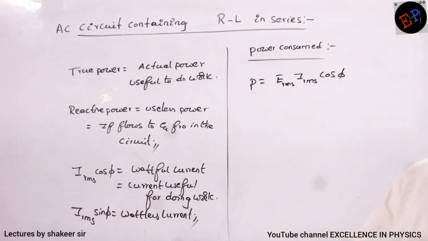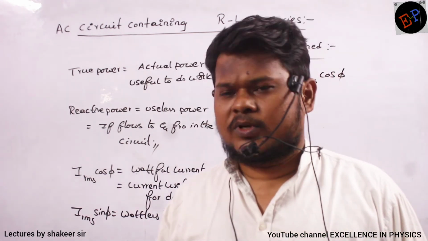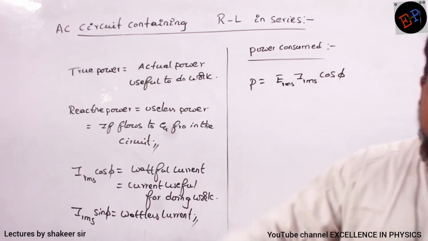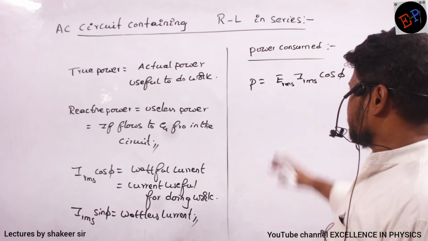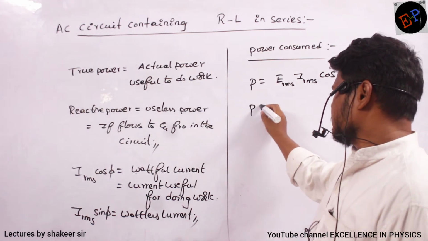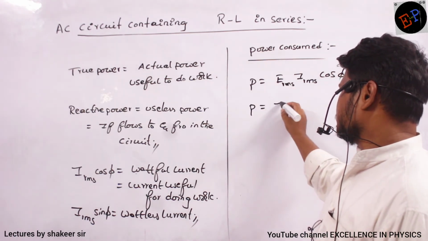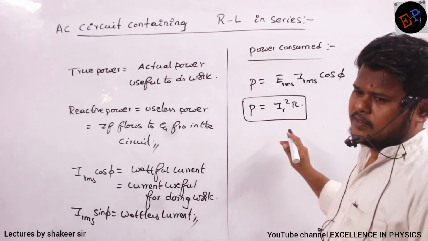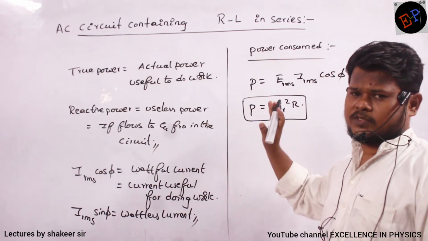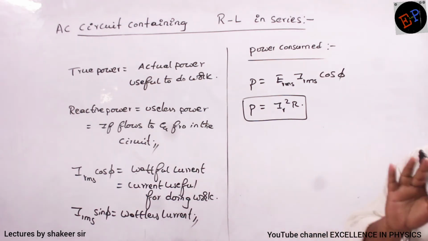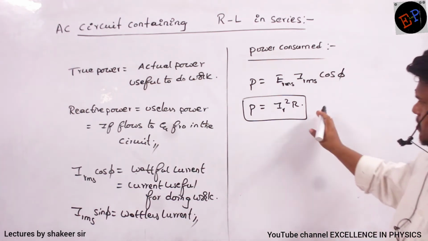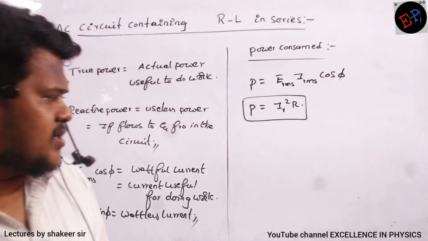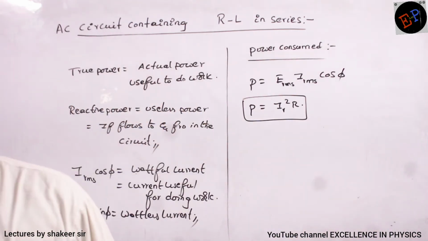Who consumes power? Only resistor consumes power. Inductor does not consume power. Capacitor also does not consume power. So another equation of power which I can write is IRMS square into R, which proves that only resistance consumes power, inductor does not consume power. Are you able to understand? This is another equation of power. That's it. So this is the concept which we should study under RL circuit.